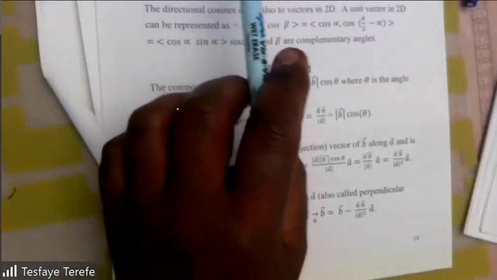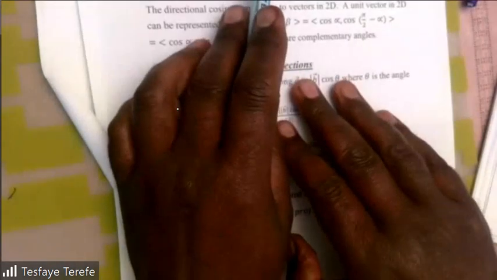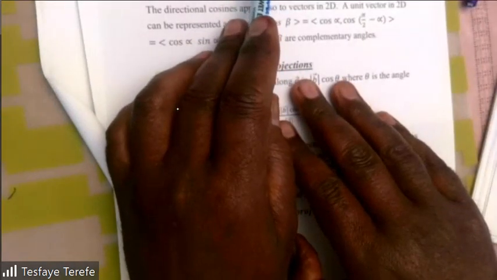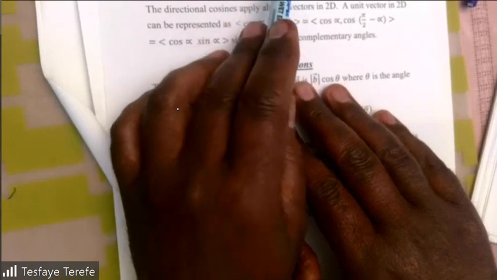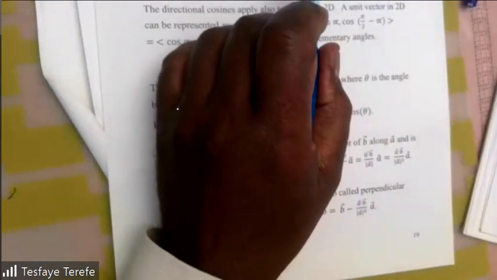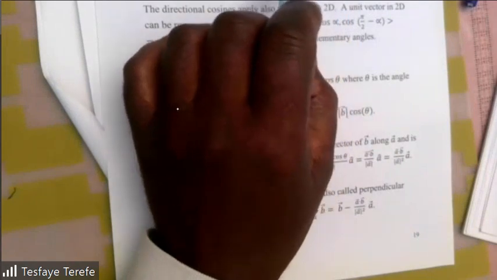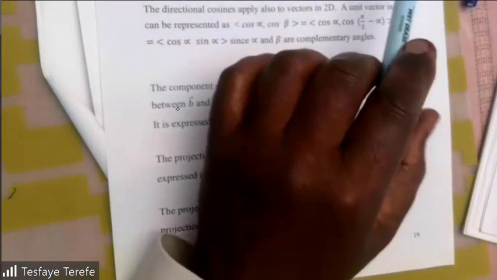That is what the cosine of the angle is going to be. And if you square and add them, what happens? Cosine squared alpha plus cosine squared beta plus cosine squared gamma equals the x component of u over the magnitude of u, squared, plus the y component over the magnitude, squared, plus the z component over the magnitude, squared. Add them, and you will get 1.